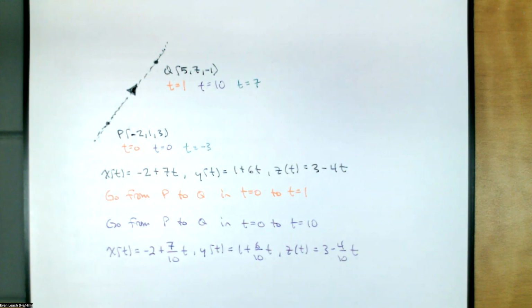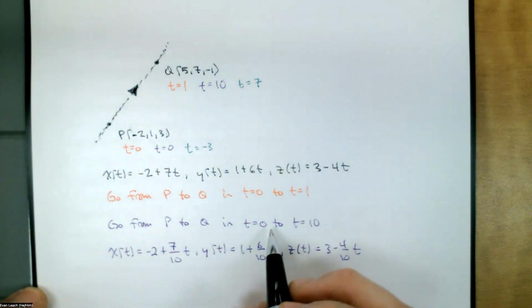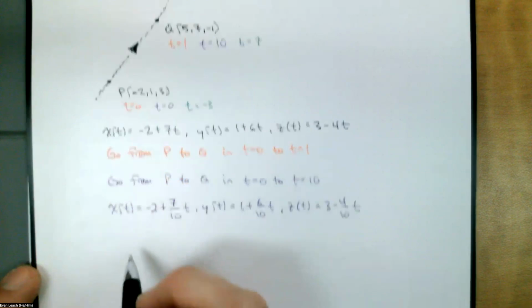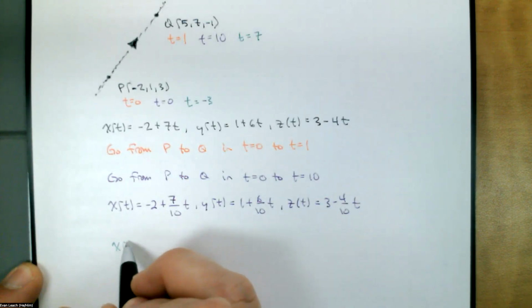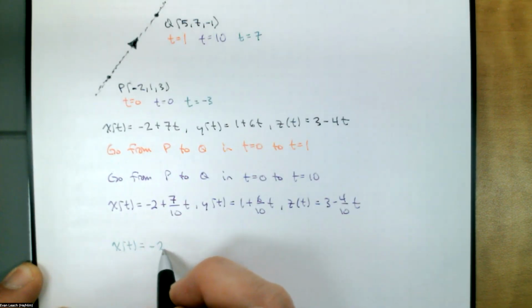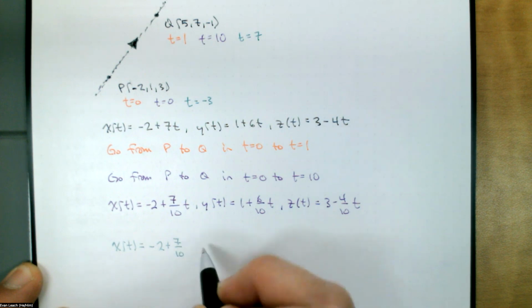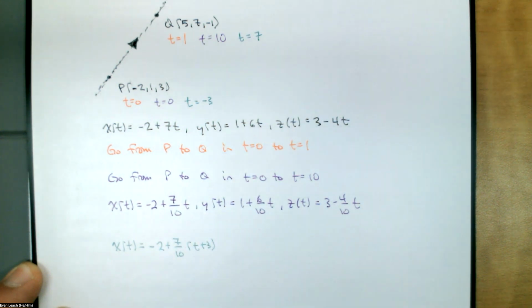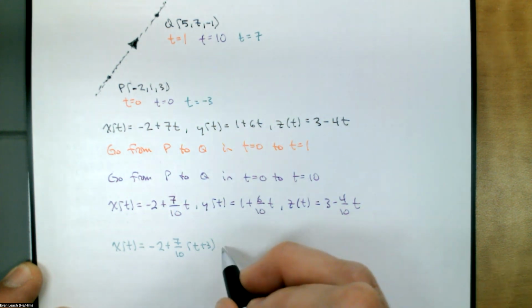Maybe I don't want 0 to 10 to be the 10 units that it takes. I want to go from -3 to 7 because reasons. So if we change to the interval from -3 to 7, we get to start at -2 when t is equal to -3.